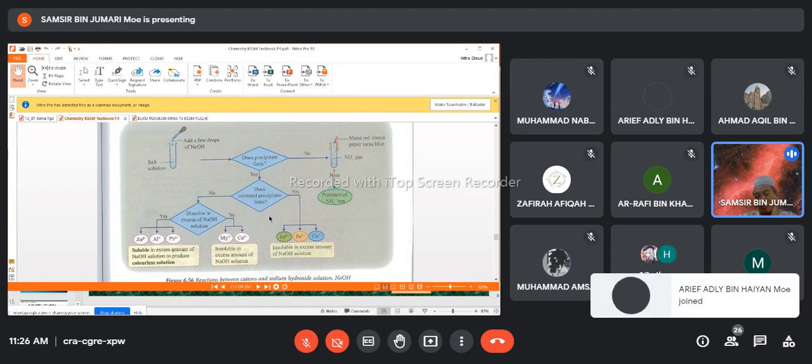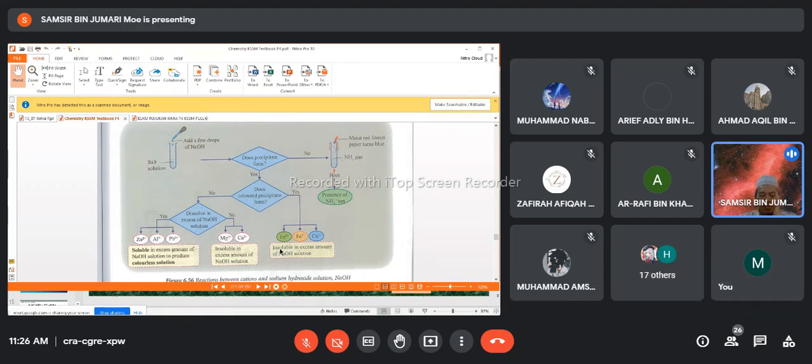Sodium hydroxide solution commonly can be simplified as an alkali solution. Okay, for example, we can say that a blue precipitate will be formed, not soluble in excess alkali solution.